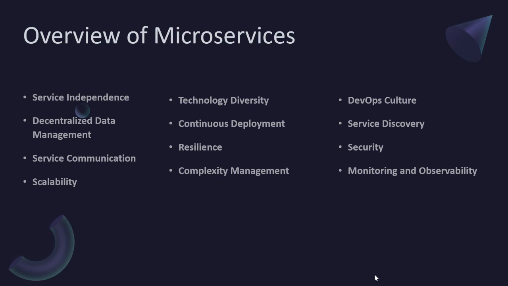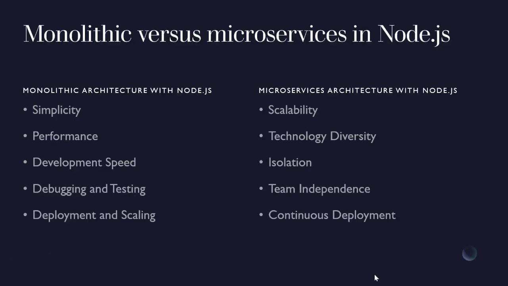And the last one is monitoring and observability. Comprehensive monitoring tools are essential for understanding the health and performance of each microservice and the entire application. So this was the quick overview of microservices.